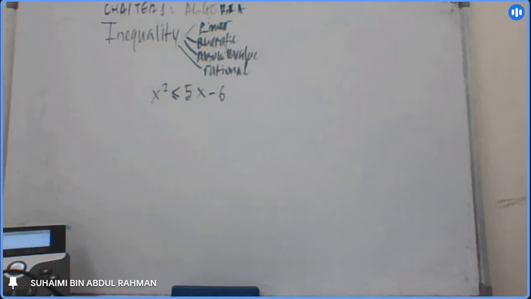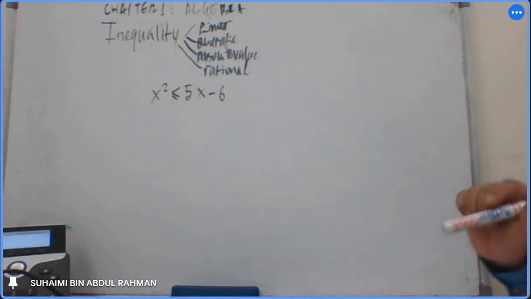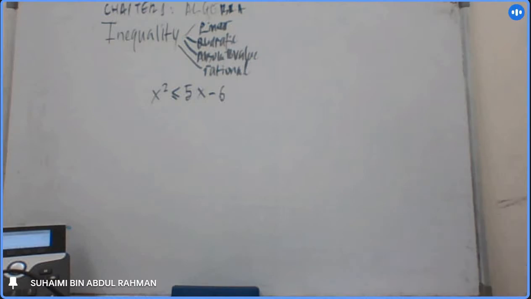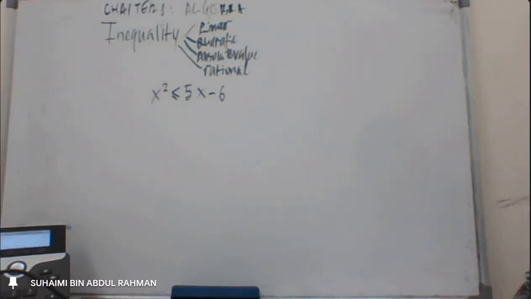So how do we make our right-hand side equal to 0? Can you think? Transfer all the numbers to the left.